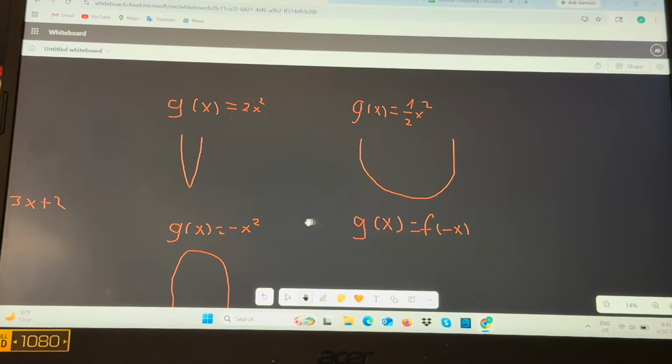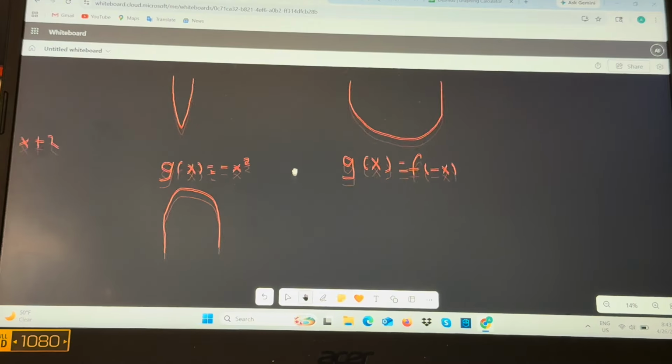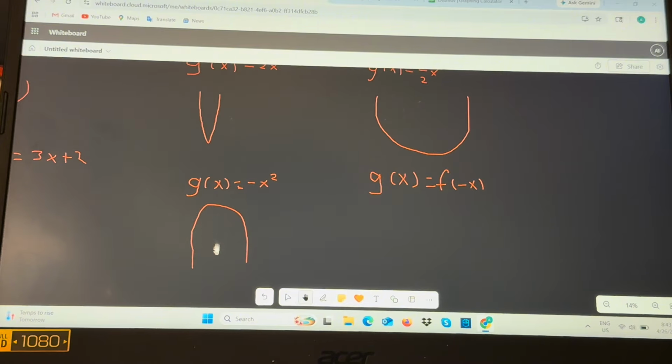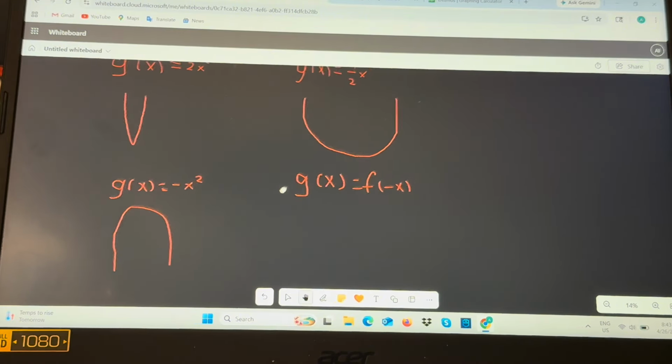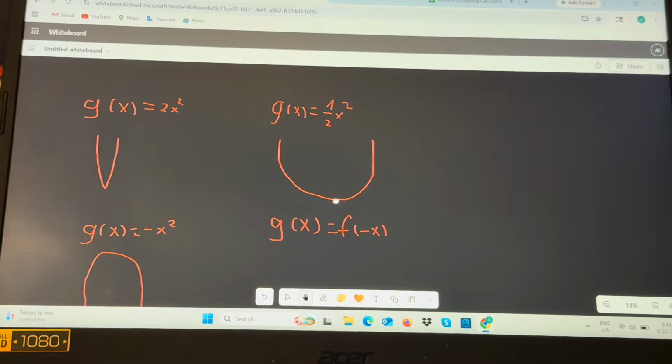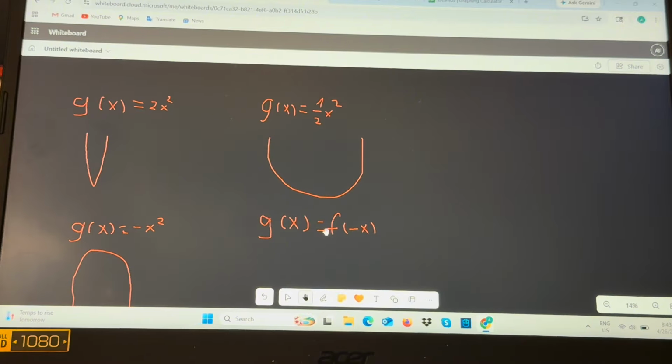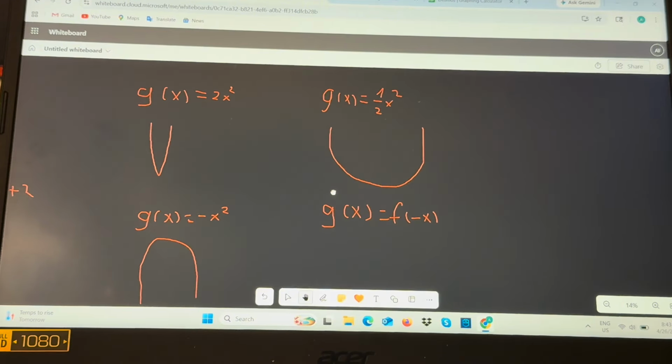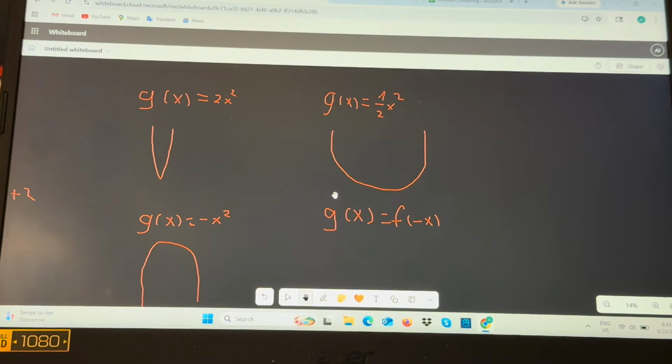There's also reflection over the x-axis, which is going to look like this. This flips the graph upside down. And there is reflection over the y-axis, which reflects the graph across the y-axis. All these transformations allow us to understand how equations affect the shape and positions of graphs clearly.